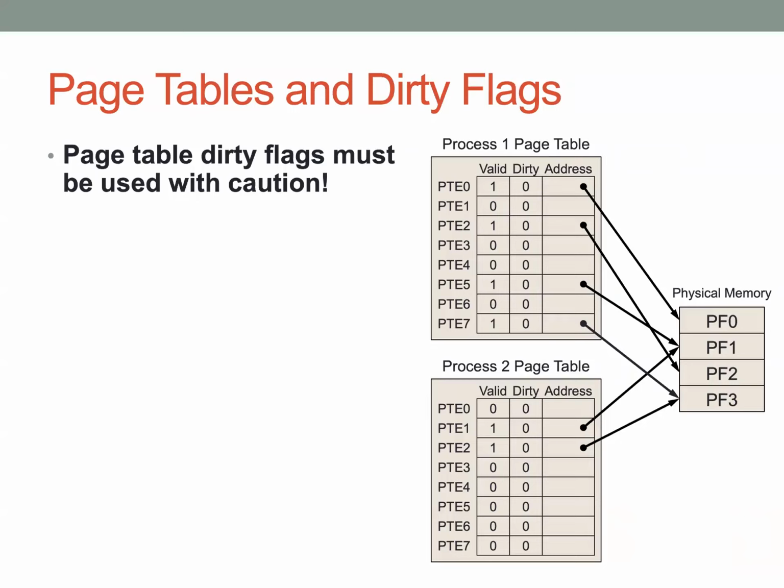You can see in this example, you have two processes, and they're actually sharing a physical page frame. They're both sharing page frame 1. Notice they're mapped to different locations in each of their address spaces. So process 1 has it in virtual page 5, and process 2 has it in virtual page 1. Perfectly fine.